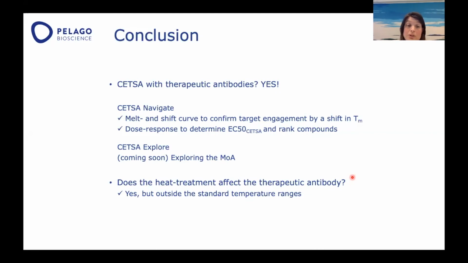And you can use CETSA Explore to understand the mode of action of the antibody and the biology. Last but not least, the heat treatment has an effect on the therapeutic antibody, but it's outside the temperature range typically used in a CETSA experiment.